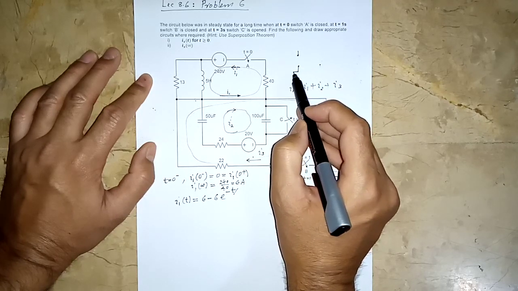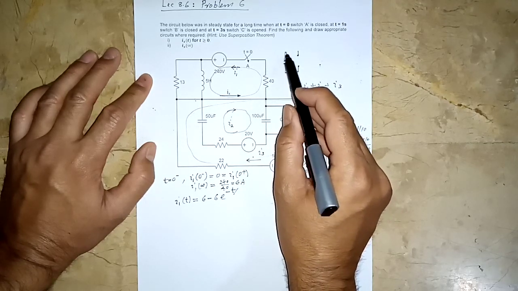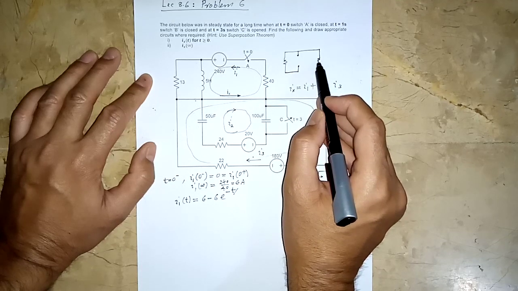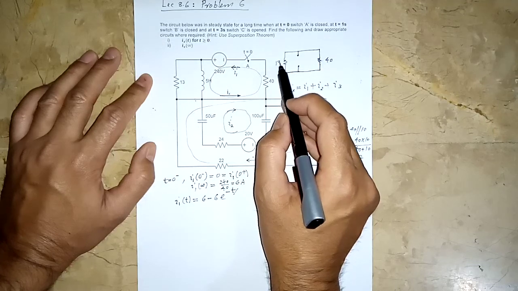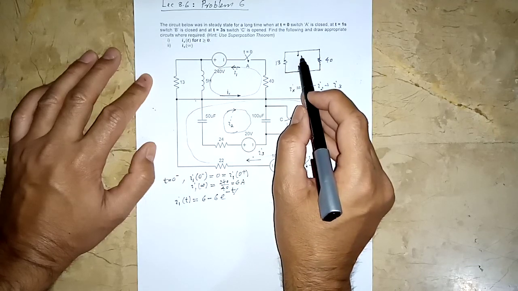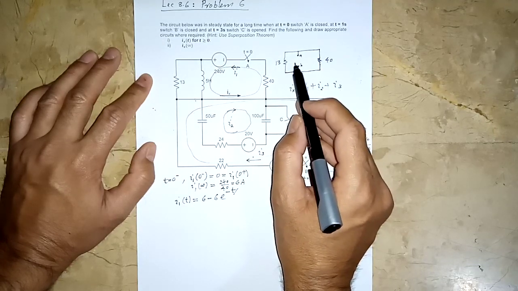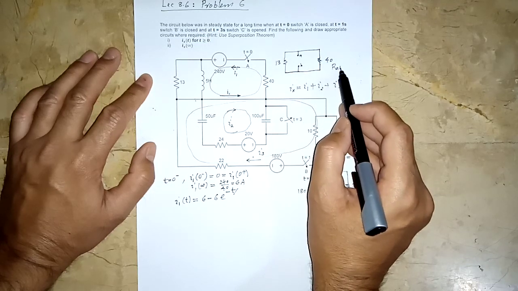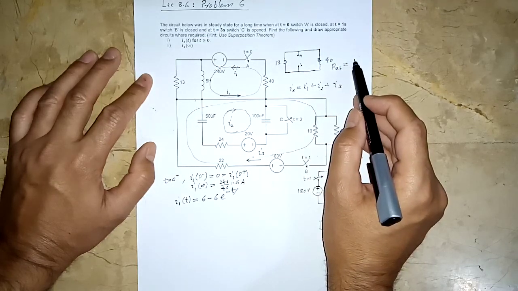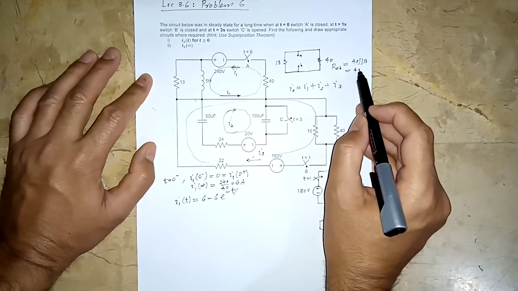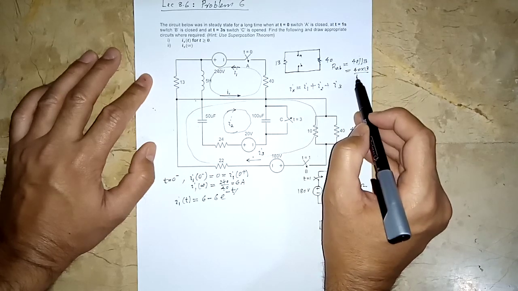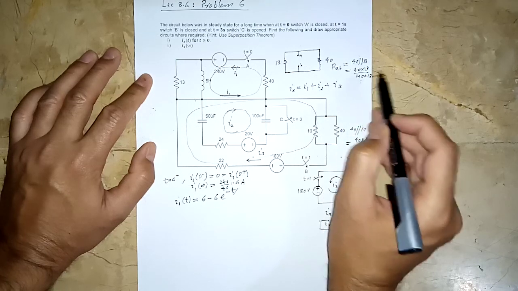So if we remove the inductor, because we are seeing with respect to the inductor, what resistance are we seeing? This 40 and 13 are not in series. So suppose we have these terminals A and B here. So RAB would be 40 in parallel with 13, whatever that is. 40 into 13, solve this for yourself.